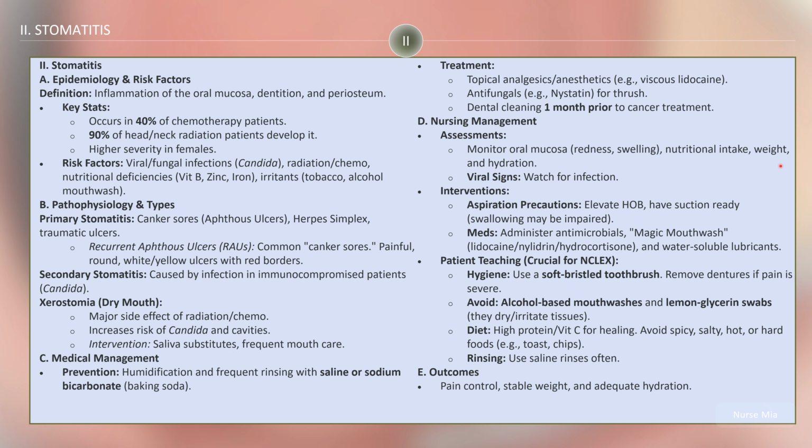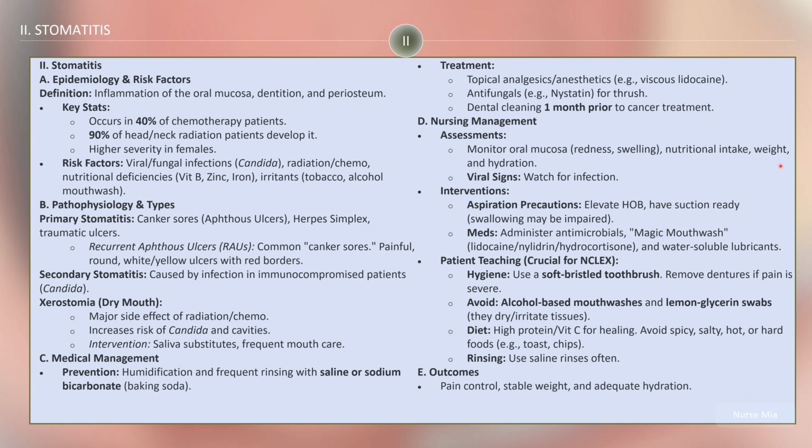Administer antimicrobials like tetracycline, minocycline, antivirals like acyclovir, or antifungals like nystatin as prescribed. Administer viscous lidocaine or other analgesics for pain.